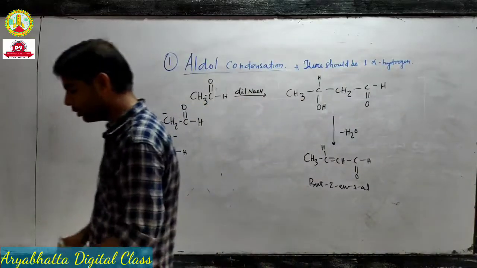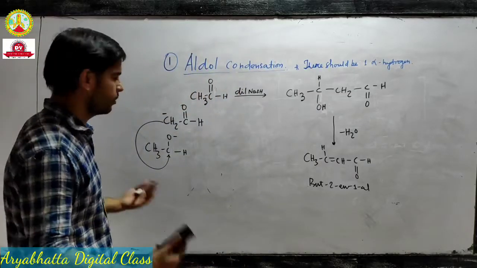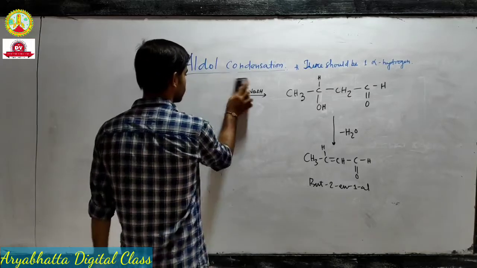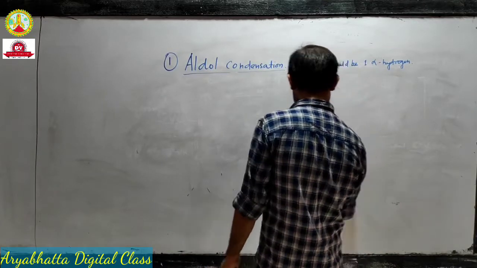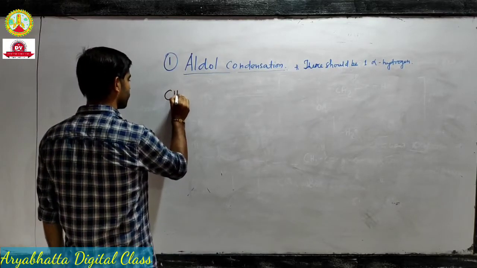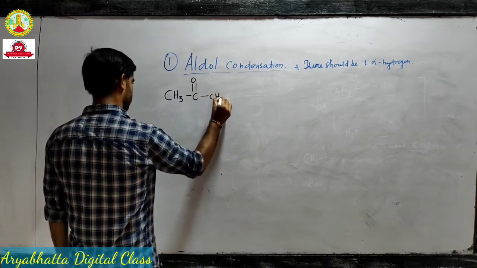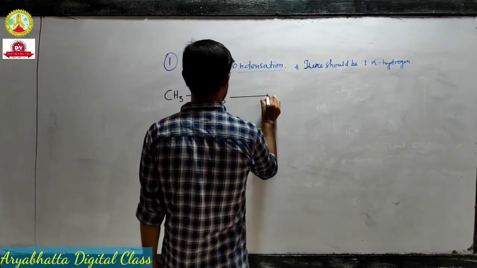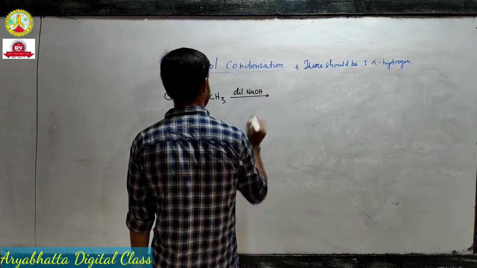Let's do one example with a ketone also. A ketone having an alpha carbon. Acetone, or propanone, with dilute sodium hydroxide because a base is required.